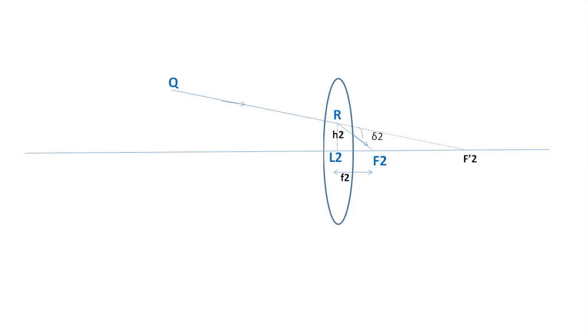Then what is the value of delta 2 here? It is the same thing you have to use. Here it was delta 1, sorry, here it is delta 2. This is the alternate angle delta 2. Therefore, tan delta 2 is equal to h2 by f2. Therefore, if delta 2 is very small, delta 2 is equal to h2 by f2.